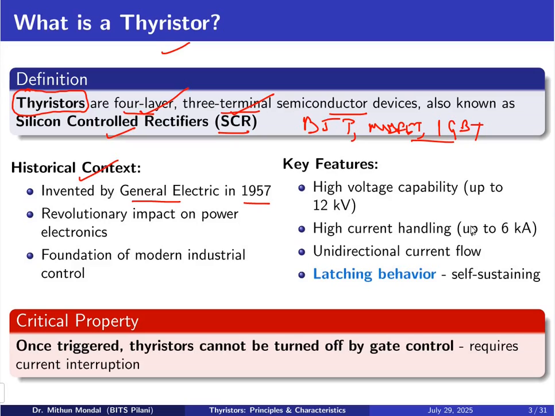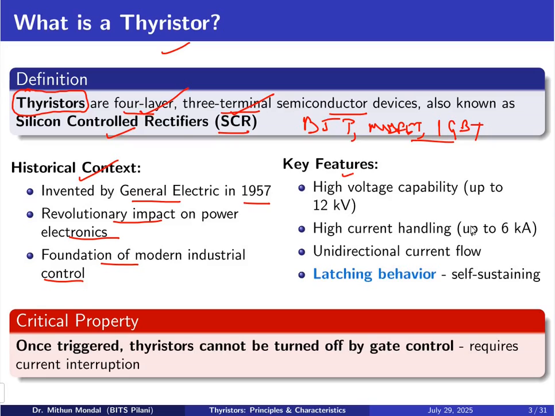It was a revolutionary impact in the area of power electronics because it formed the foundation of modern industrial control. With the invention of SCR, industrial applications in terms of high power and high current changed a lot. It was considered one of the revolutionary discoveries.